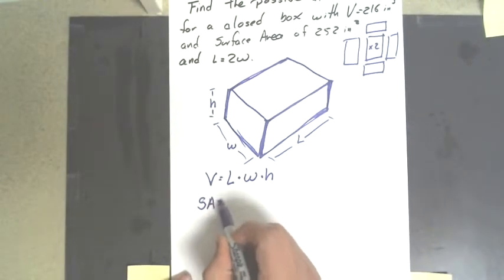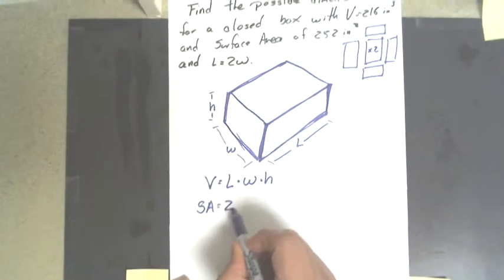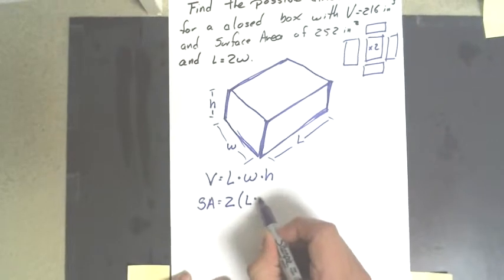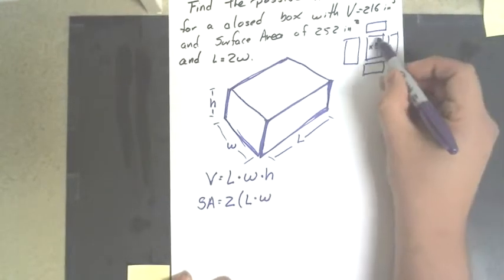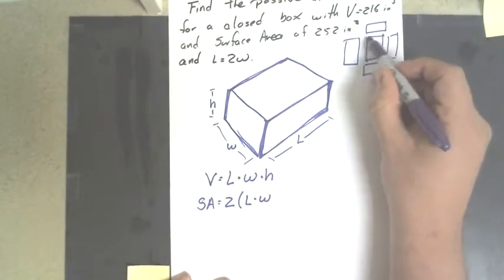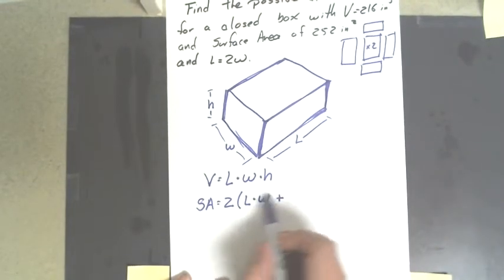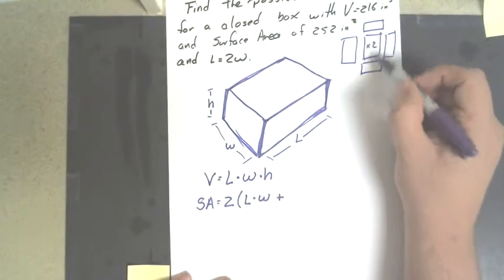Surface area, you've got 2 length times widths, that's the 2 bases, plus 2, I'm going to leave the 2 factored out, 2 of the end caps.